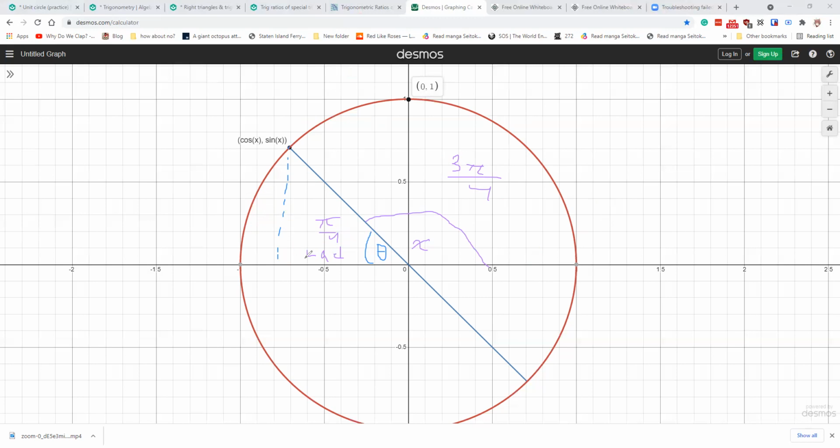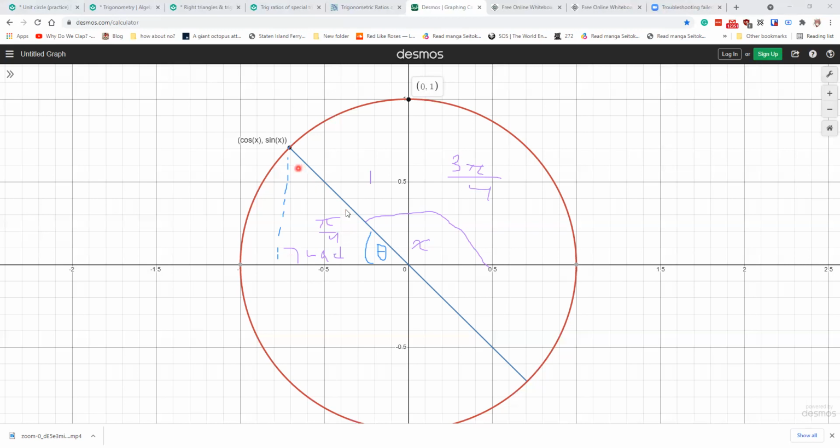If we were to just calculate out the things for this triangle, well, remember that the hypotenuse is 1, and one thing to note is that this is still 90 degrees. So this is 90 degrees, this is 45 degrees, and so what must this angle be?